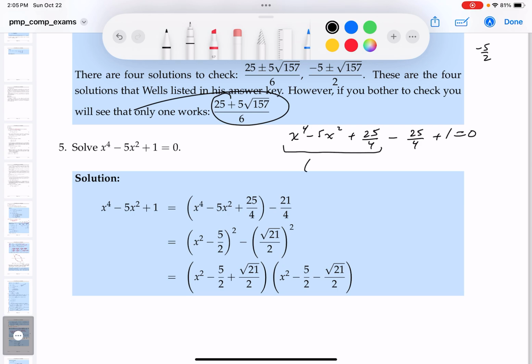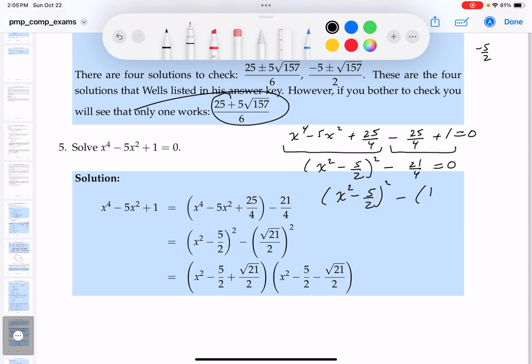And what would that be? That would be x squared minus 5 over 2, quantity squared. And then I pull these two together, and what's that going to be? Minus 21 quarters. And then I want to write this as a difference of perfect squares, by the way.